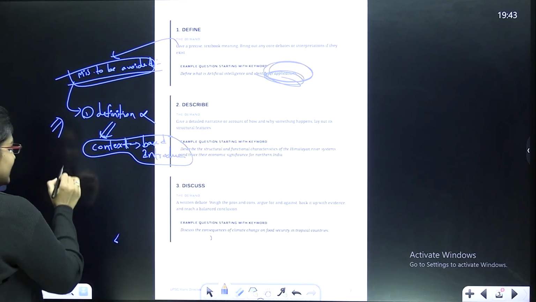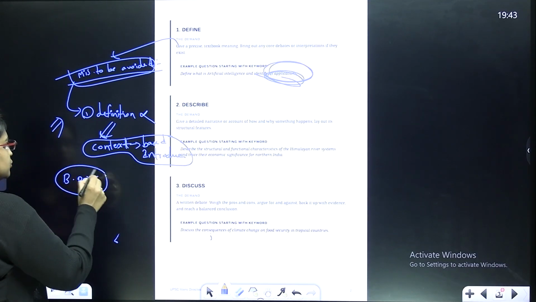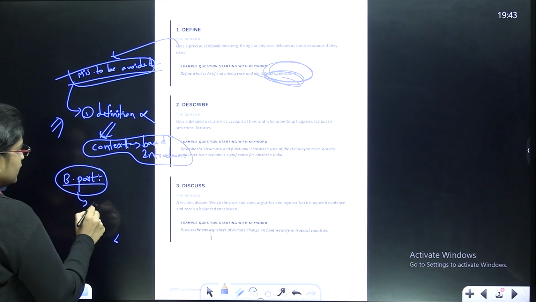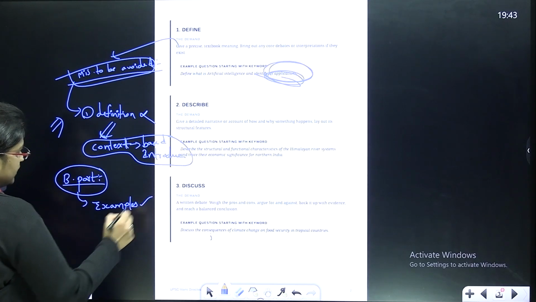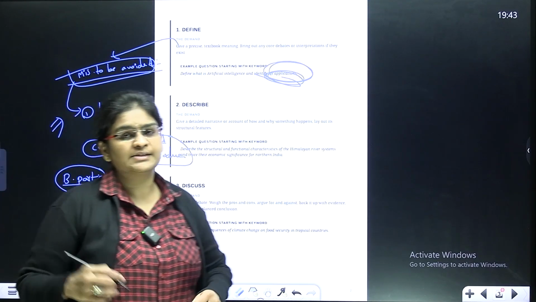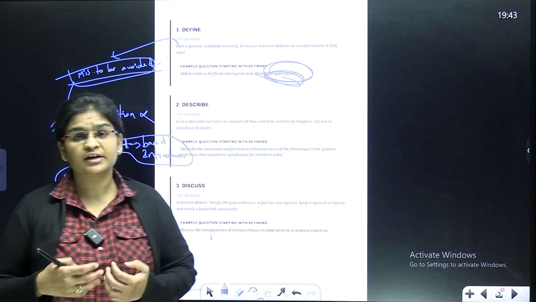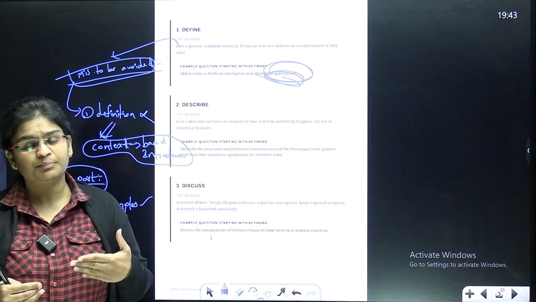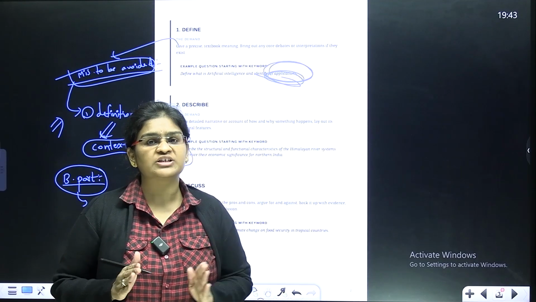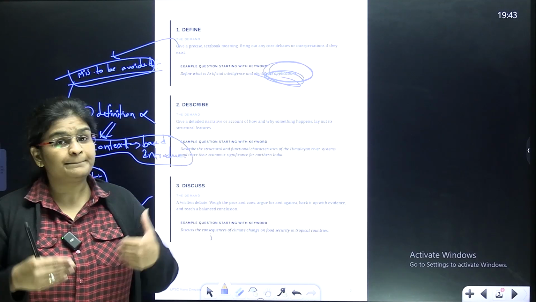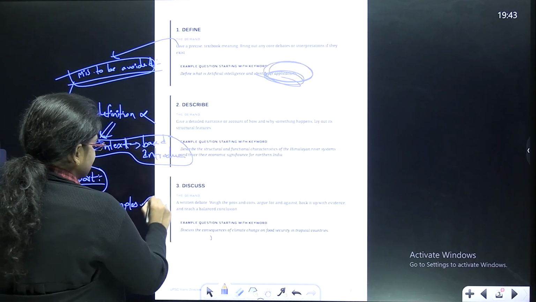Also, while writing the body part, we must try to give proper examples for different points. Why? Because whenever you give good examples for each and every point, the examiner feels that you are not only aware of static knowledge, but you are also aware of applications and current affairs. So try to provide various examples.